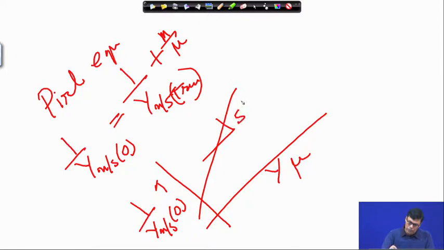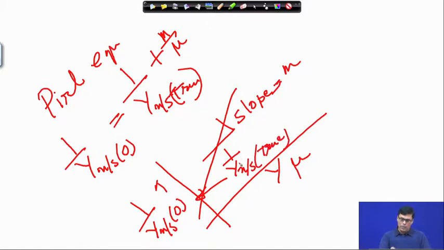The slope will give you the value of m, and the intercept will give you the value of Y X by S true. The true growth yield you can easily find out. Sometimes we consider it as Y X by S dash. This is the true growth yield. So, we can find out these values.